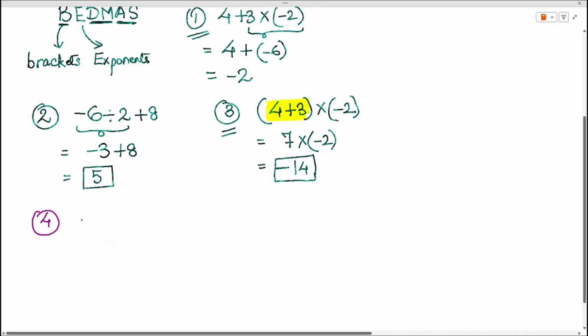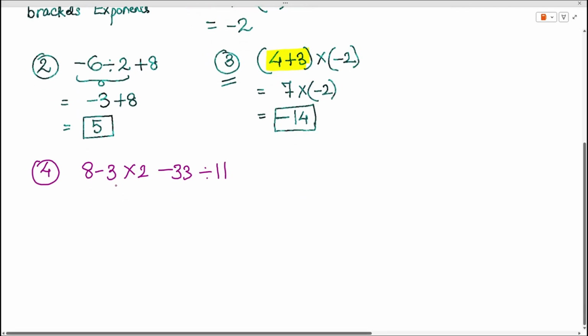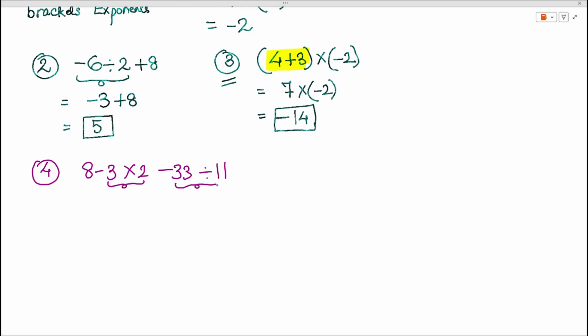The next question we are taking is 8 subtract 3 multiplied by 2 subtract 33, and this being divided by 11. So we know that the division and multiplication has to be performed first, but in whatever order it is, we'll perform them. So 8 will be just written the same way.